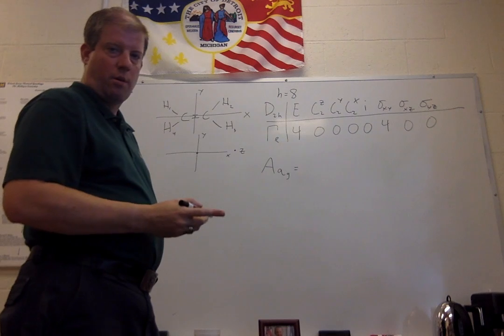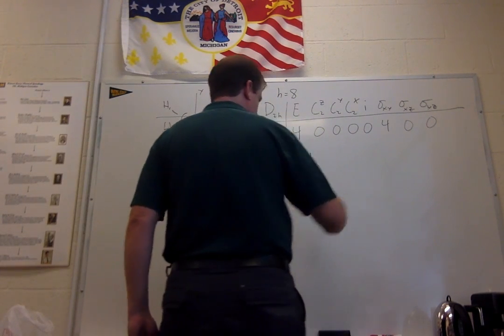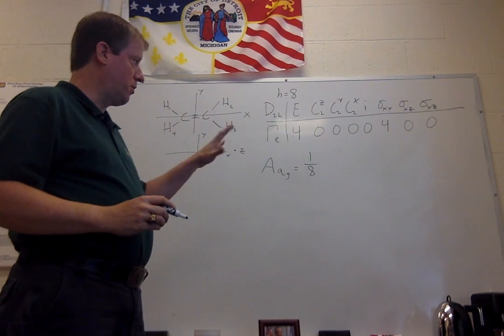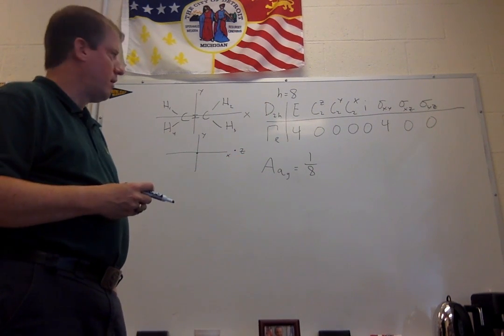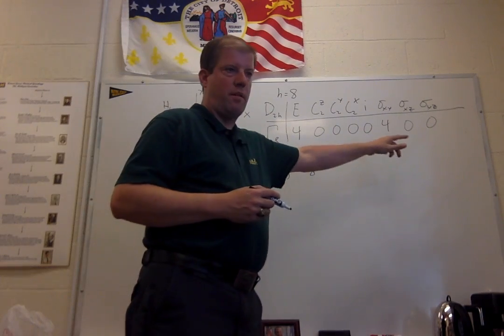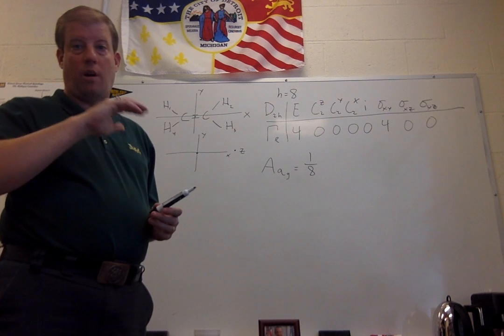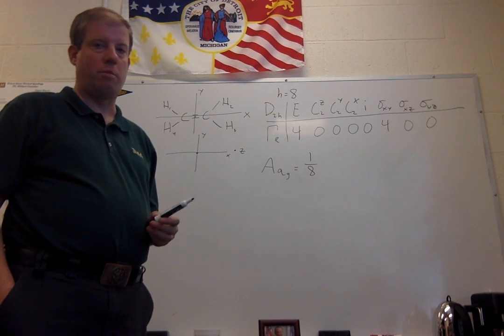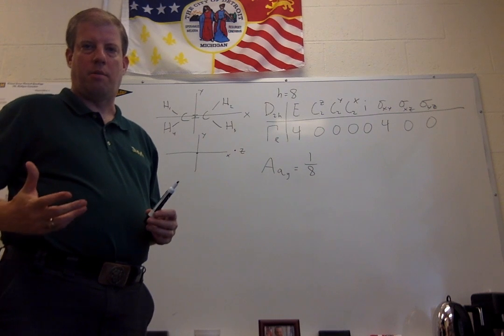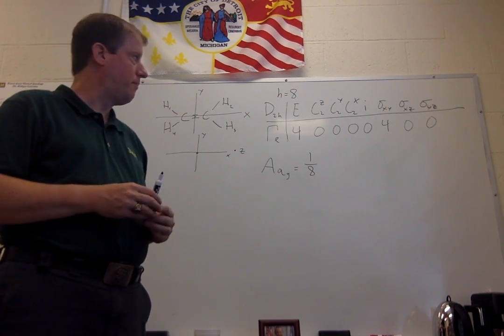So remember how this goes. You're going to take 1 over the order of the group and then multiply it by all of the individual elements that go here. Now if you look at your character table there, all the way across that row are positive 1, as there always will be for the totally symmetric operation, which in this particular point group Ag happens to be.